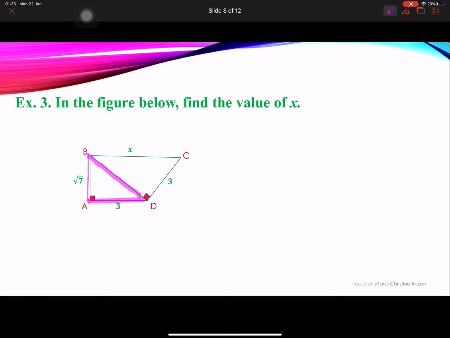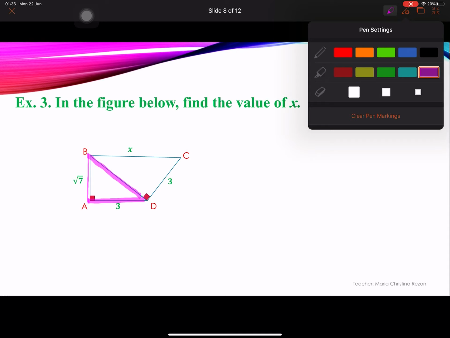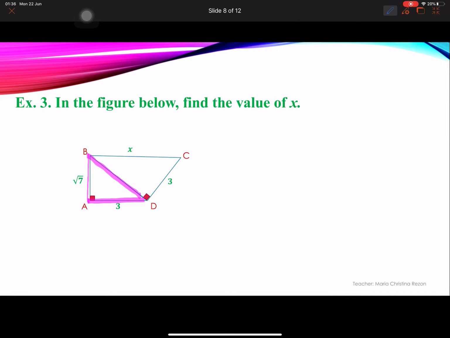Okay, so let's do this first. In triangle ABD, BD is the hypotenuse.